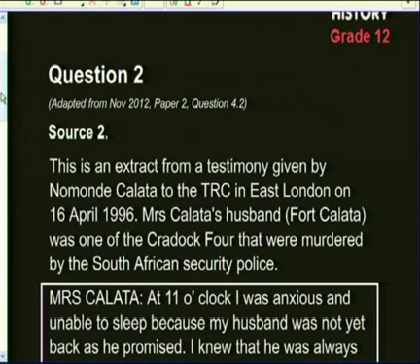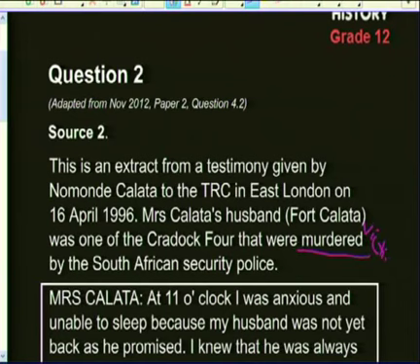Mrs. Qalata's husband, Fort Qalata, was one of the Cradock 4 that were murdered by the South African police. Now already you can see that he was murdered by the South African security police. So this is testimony from the victim.